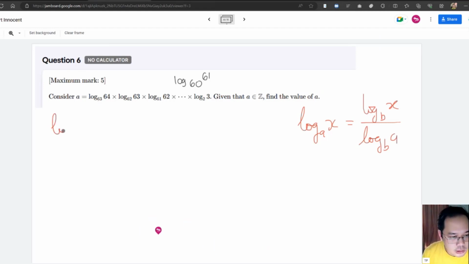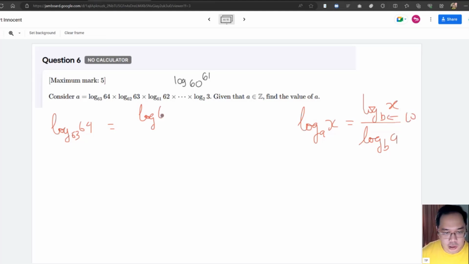Log 64 of 63, here, is equal to log base 10. And instead of writing log base 10, they just write log. This is the shorter notation indicating that the base is 10. We don't need to write the base 10 here. It means base 10 log, using the change of base formula. B now is 10.